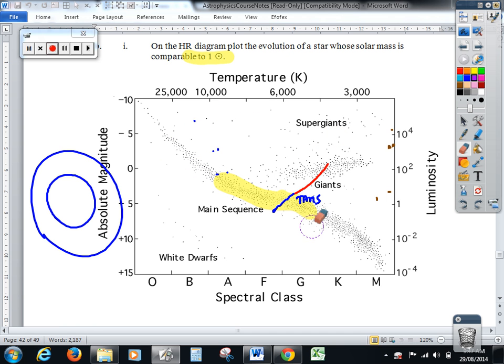So far, we've got that it swells to be a large red giant here. Now, it will eventually just go backwards and forwards a few times, getting larger and smaller, and then it will collapse in on itself as it has no more pressure in the core and end up as a white dwarf.